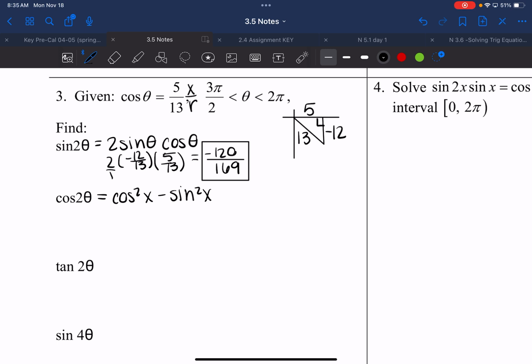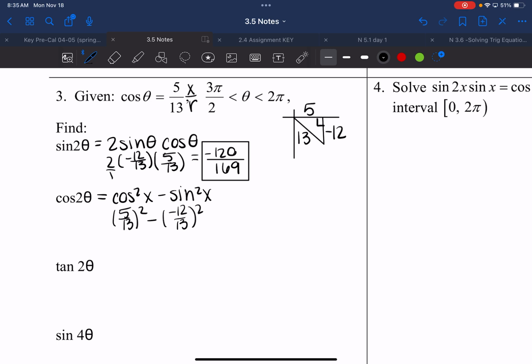Okay, well, what is cosine? 5 over 13. All right, and this was squared, right? Because cosine is squared. Minus, what did we say sine was? Good. And this will also be squared.